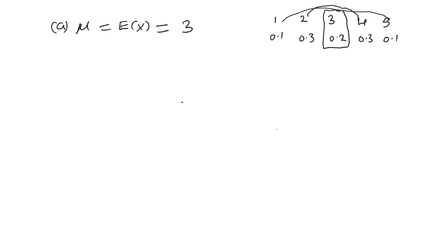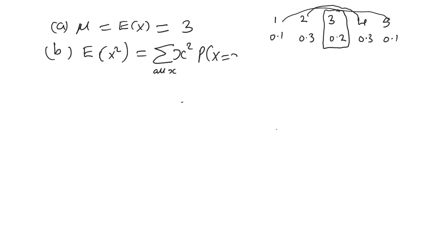So part B, we want to talk about the expectation of X squared. This is the summation over all values of X of X squared times the probability.